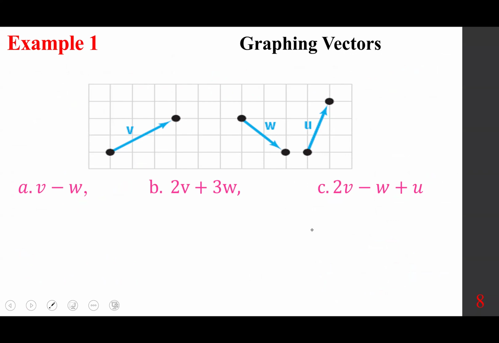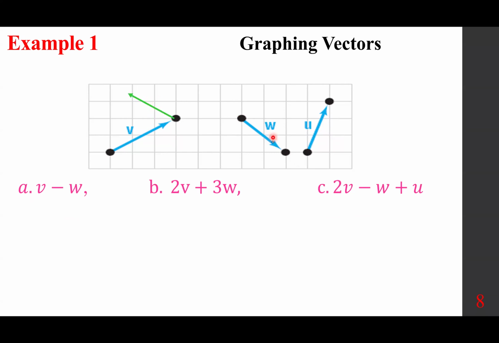And so we are given the vectors v, w, and u, and we are going to graph the following vectors: v minus w. So w is going this way, minus w goes that way.